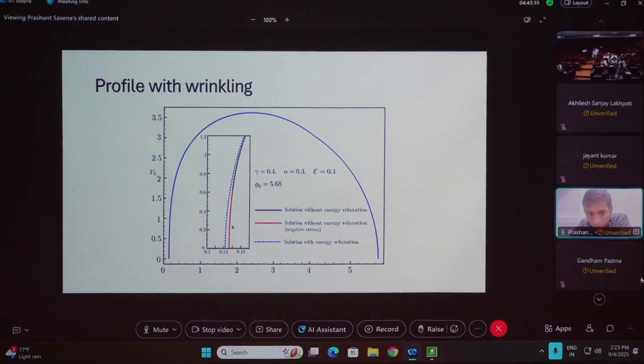And this red zone is the area where I start getting negative stresses. And when I apply the energy relaxation and use the tension field theory for the given loading condition, I get a different solution altogether, which is quite distinct. The difference in the profile is quite little.